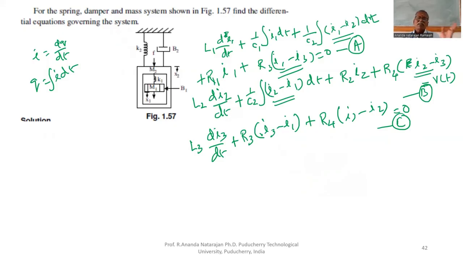Here, I3 minus I1, first loop and third loop are adjacent. I3 minus I2, second loop and third loop are adjacent. But if you see that first loop and second loop are adjacent, no problem. We have already seen such a type.